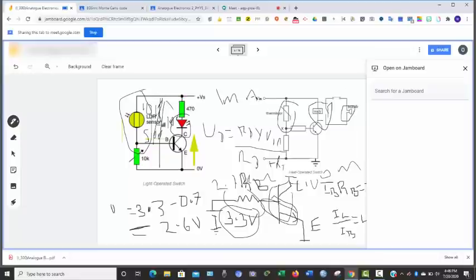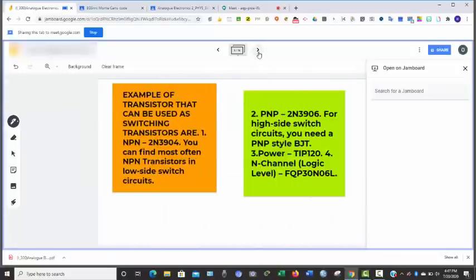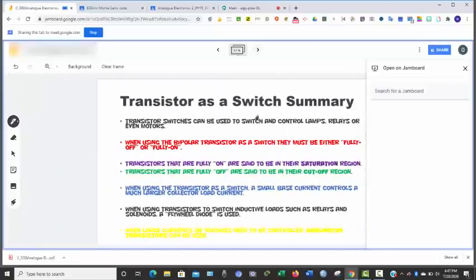We connect a diode to this point so that it can protect the circuit, so that it will not overdraw current from the circuit and damage the transistor.